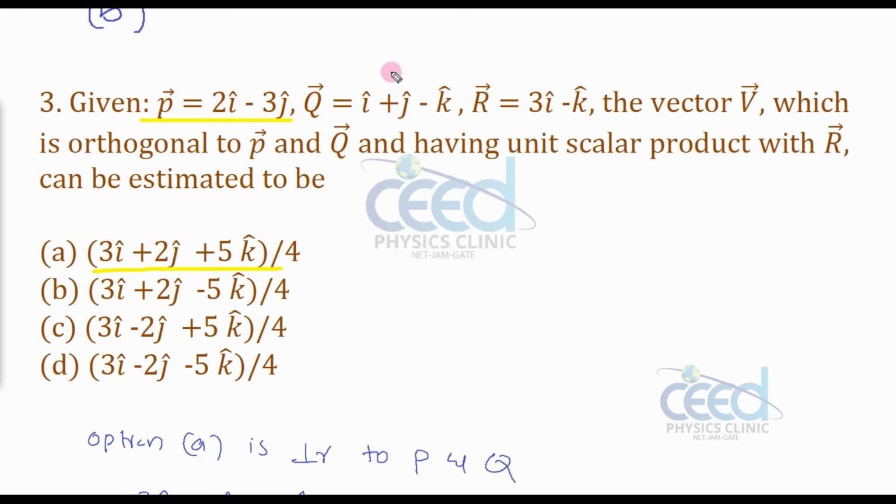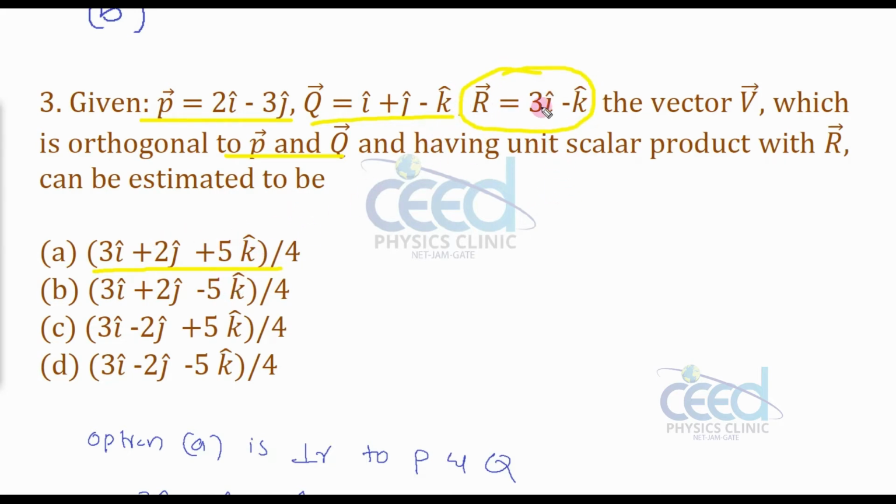Now I can take the dot product between these two. That is 3 plus 2, that is 5, and minus 5, that is also 0. It is orthogonal to Q also. So it is orthogonal to P and Q, that is satisfied. Now another condition, unit scalar product with R. Now you can take the dot product with this.